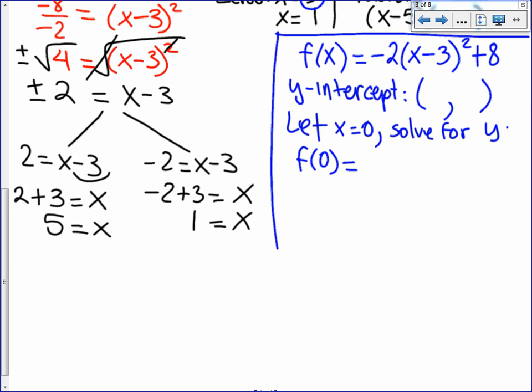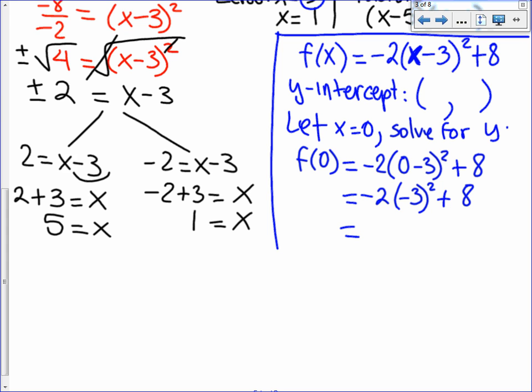Same thing, right? We substitute every x with a 0. So -2 parentheses 0 for this x here, minus 3 squared plus 8. And we do first what's inside the parentheses. So 0 minus 3 is -3 squared plus 8.